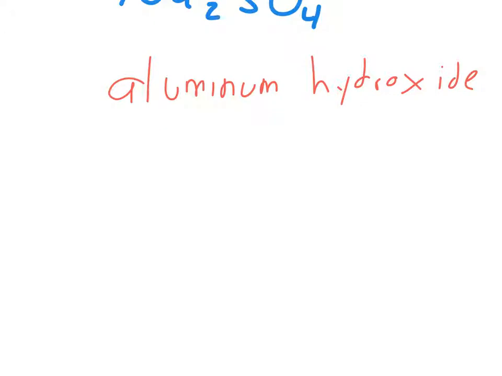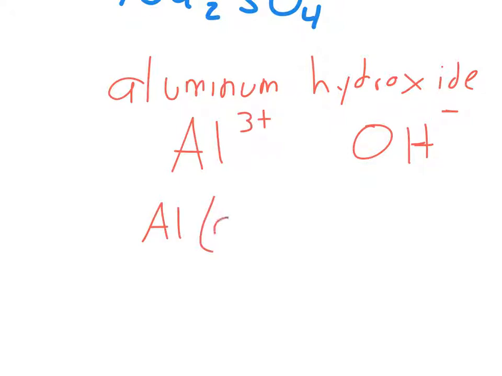Now, for another example, I have the aluminum hydroxide. So this is again an example in which I'm going to use a metal with a polyatomic anion. Okay, so the metal I will use is aluminum, which has 3 positive charges, and then the polyatomic anion is the hydroxide that has only 1 negative charge. Now, if I do again the same procedure, I have 3 positive charges in the aluminum and only 1 negative in the hydroxide.